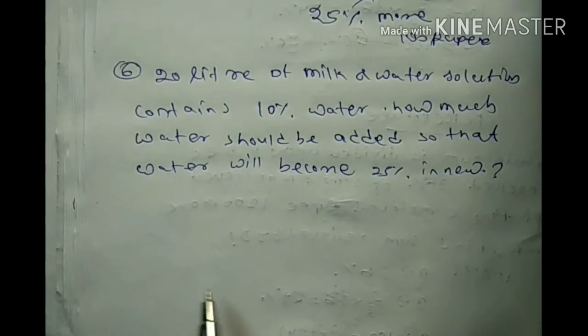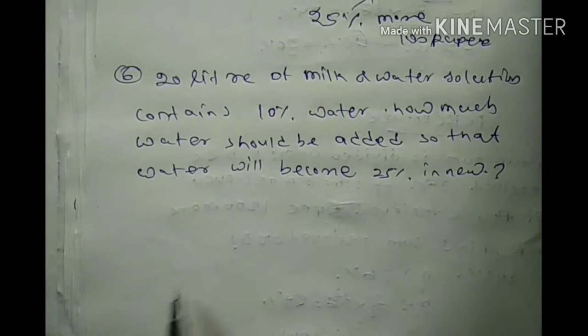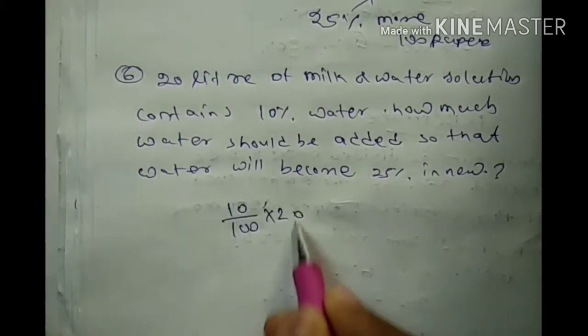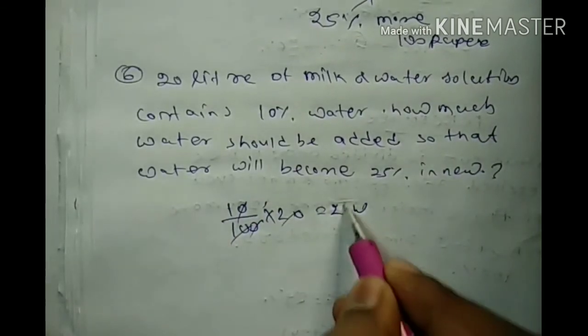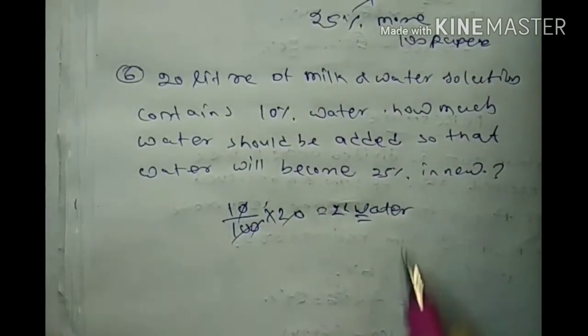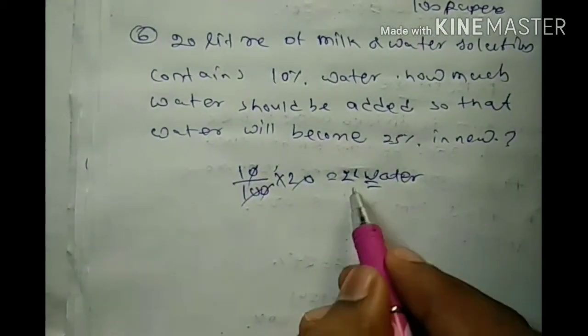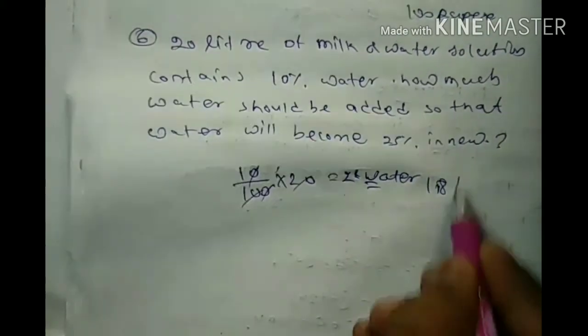The question: 20 liters of milk and water solution contains 10% water. So 10% of 20 is 2, which means 2 liters of water is present in the 20 liter solution. So if water is 2 liters, then milk is 18 liters.